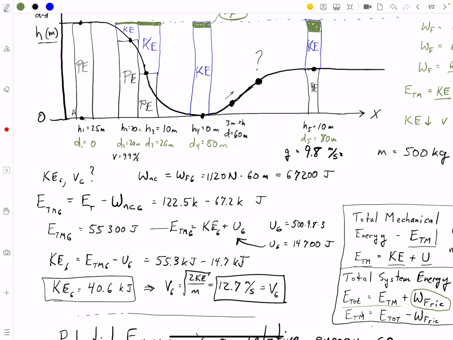So, I'm going to write these down. KE at 6 is equal to 40.6 kilojoules. U at 6 is equal to 14.7 kilojoules. And V6 is equal to 12.7 meters per second.